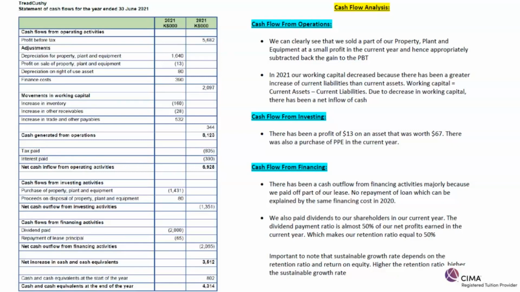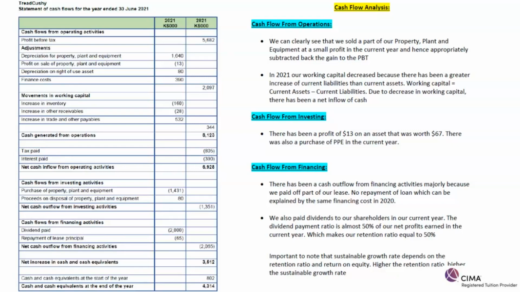We already know it. In 2021, our working capital decreased because there has been a greater increase of current liabilities than current assets. So inventory went up, receivables went up, but trade and other payables went up by a greater margin.